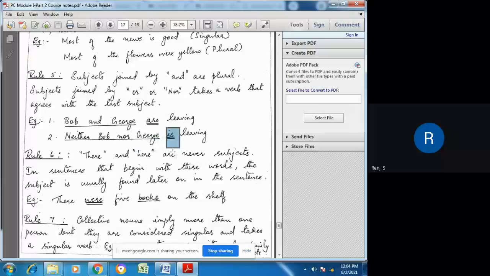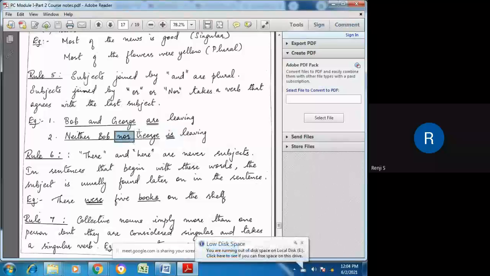You have to change it to are. Okay, if the second subject is singular, the verb is singular. If the second subject is plural, then the verb is plural. Here, George is a single person, so the subject is singular. If this was a plural subject, then here you would have used a plural verb. So if subjects are joined by or, nor, look at the second subject and choose the verb.